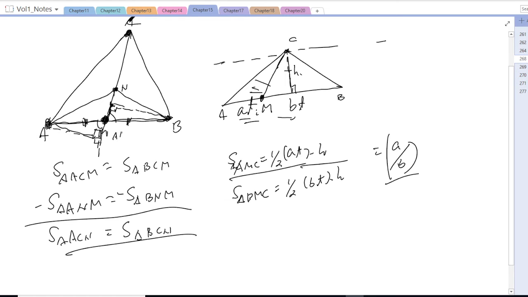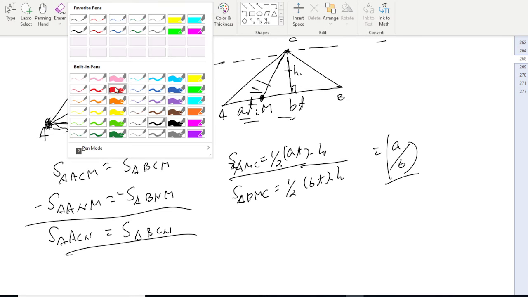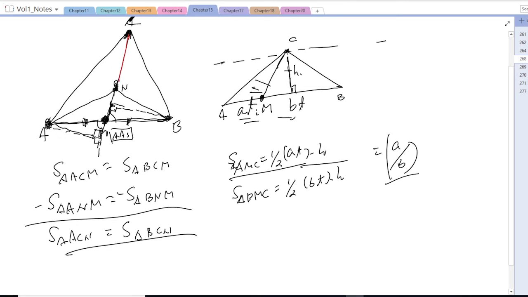So based on AAS, you can prove this height equals this height. The CN is a common base, right?